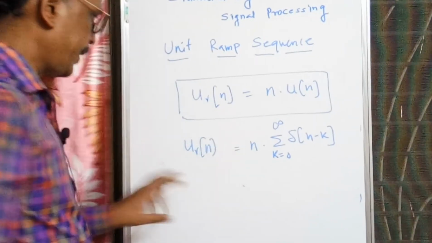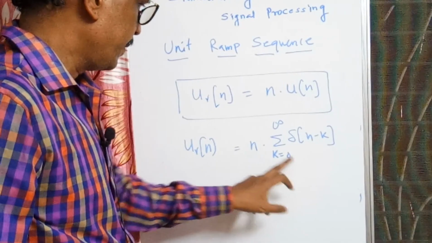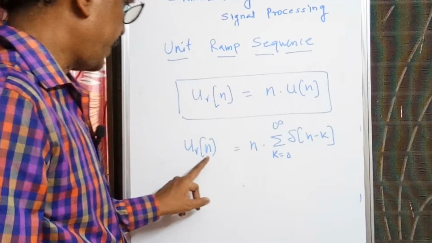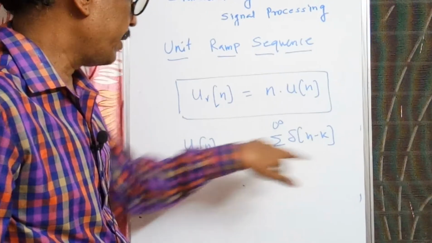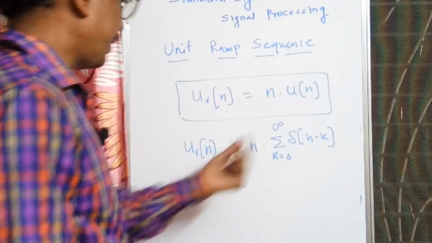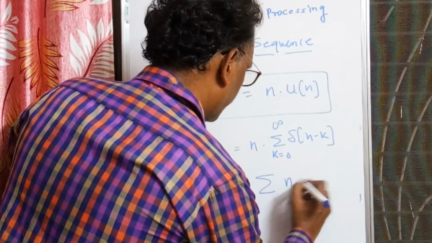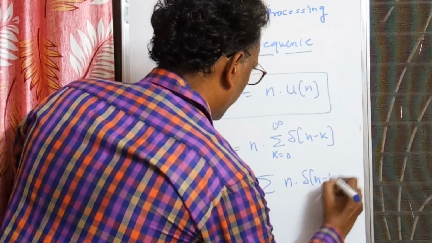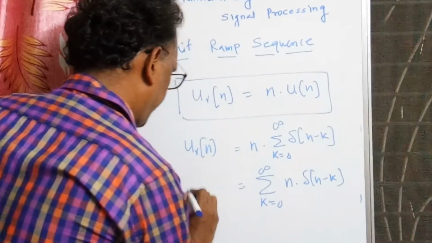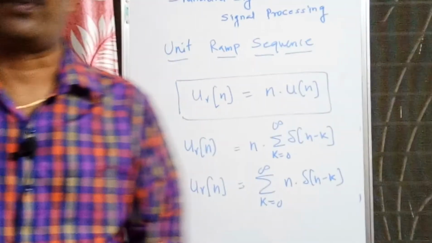Let us check: for n equal to 0 it is 0; for n equal to 1 it is 1, and here k varies from 0 to infinity, so 1 into 1. For n equal to 2 it is 2, and this gives value 1. So every time this gives value 1. You can take that n inside if required, because n is not a function of k, only k is changing. So you can write it like this, the summation over k equal to 0 to infinity, ur[n], the unit ramp sequence.